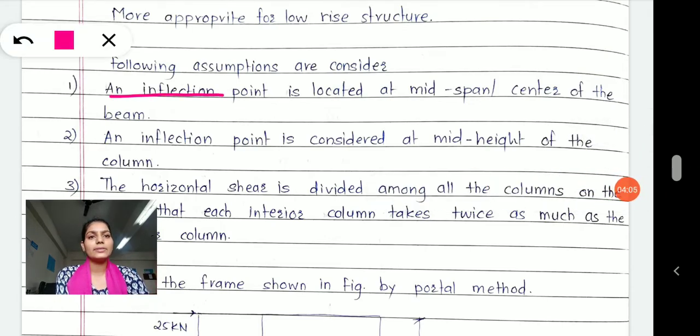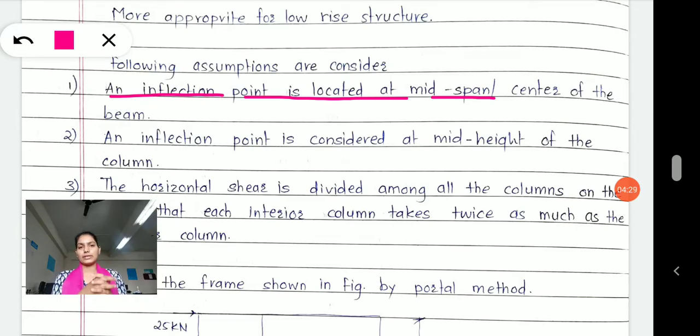An inflection point is located at mid-span. Now we are looking into the assumptions of the theory which we are going to apply for analysis of the portal frame, and the first assumption is that we consider the inflection point.